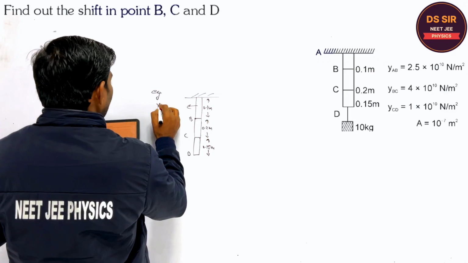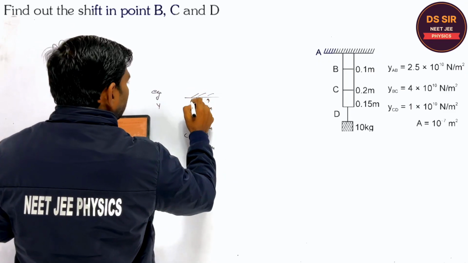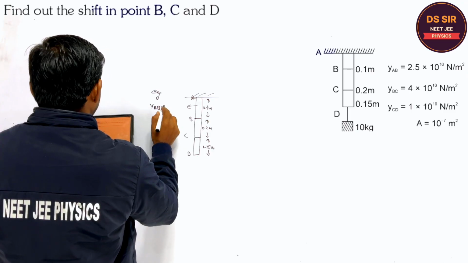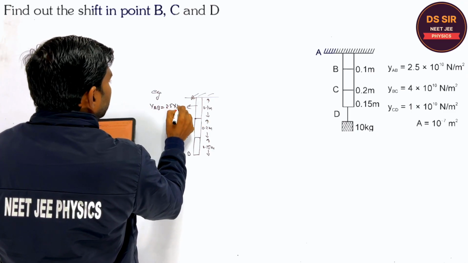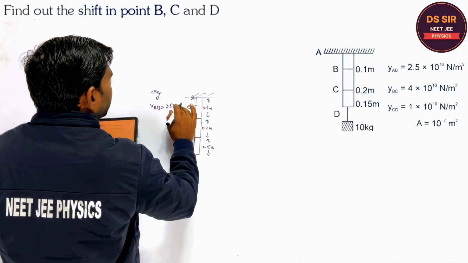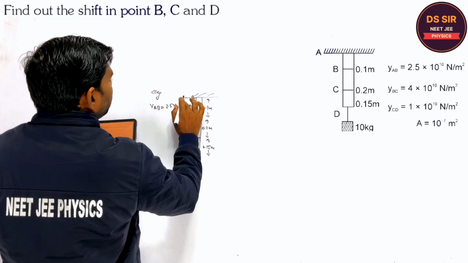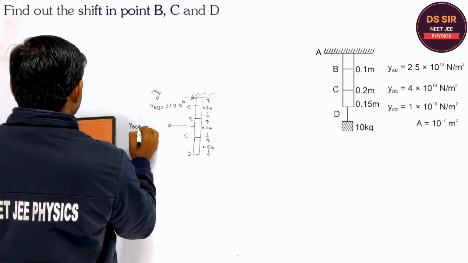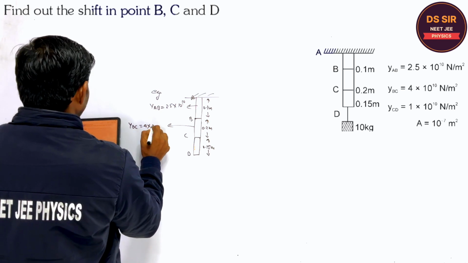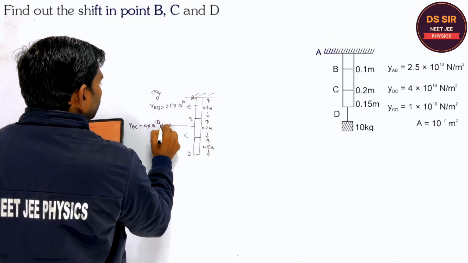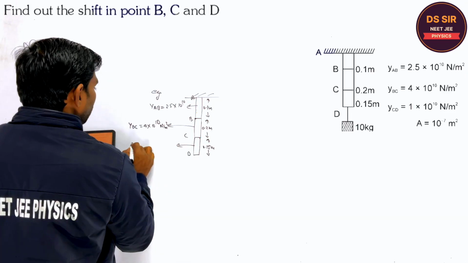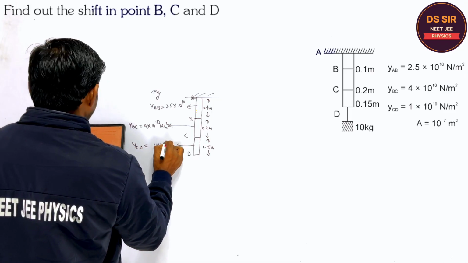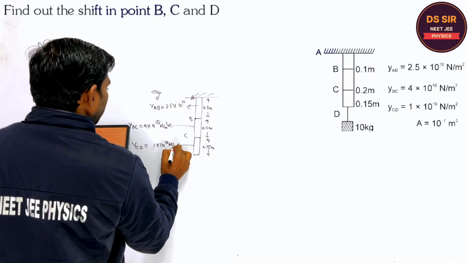And the Young modulus of this: suppose this is the point A. So the Young modulus of AB is given as 2.5 into 10 to the power 10 Newton per meter square. For the portion BC, it is given as 4 into 10 to the power 10 Newton per meter square. For the portion CD, the Young modulus is given as 1 into 10 to the power 10 Newton per meter square.